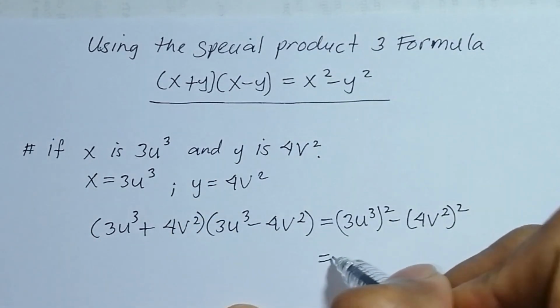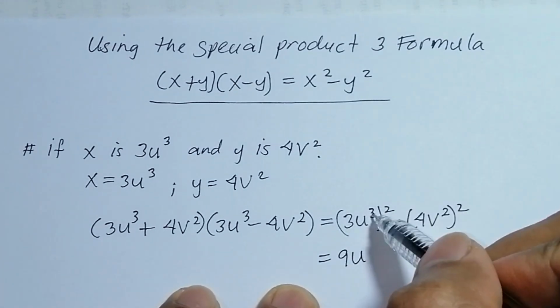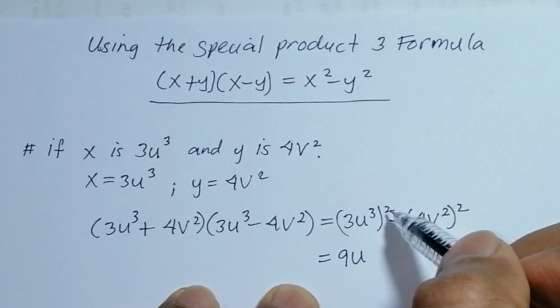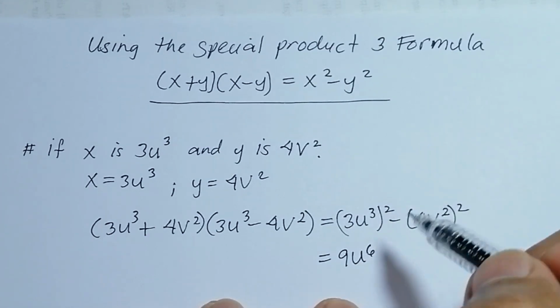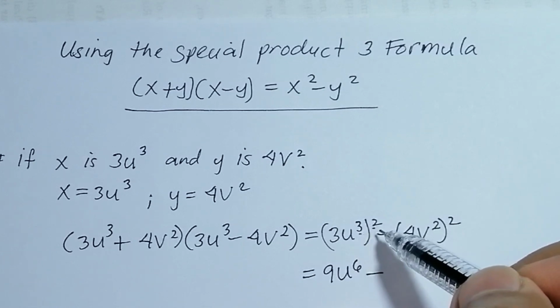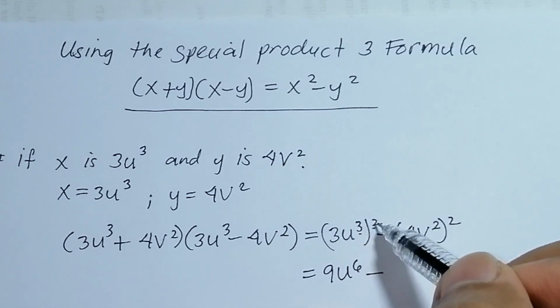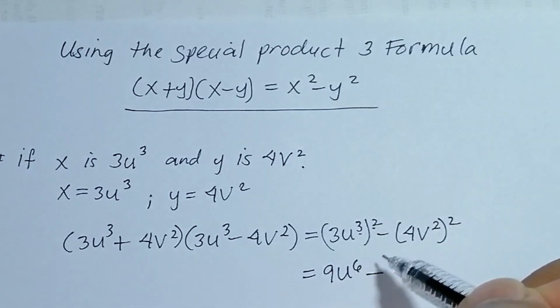So by simplifying, 3 times 3 is 9u, 2 times 3 is 6, minus this one. The power, if you're going to multiply, we have 2. So we have u, 3 times 2, u raised to 6.